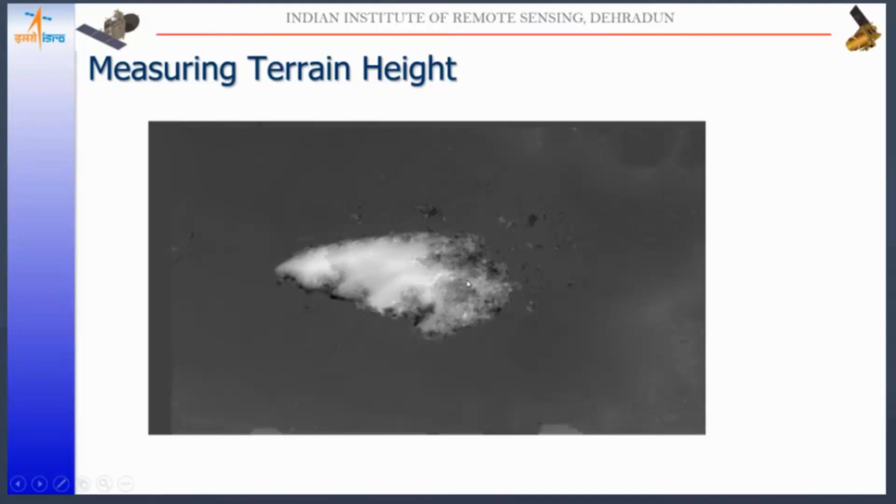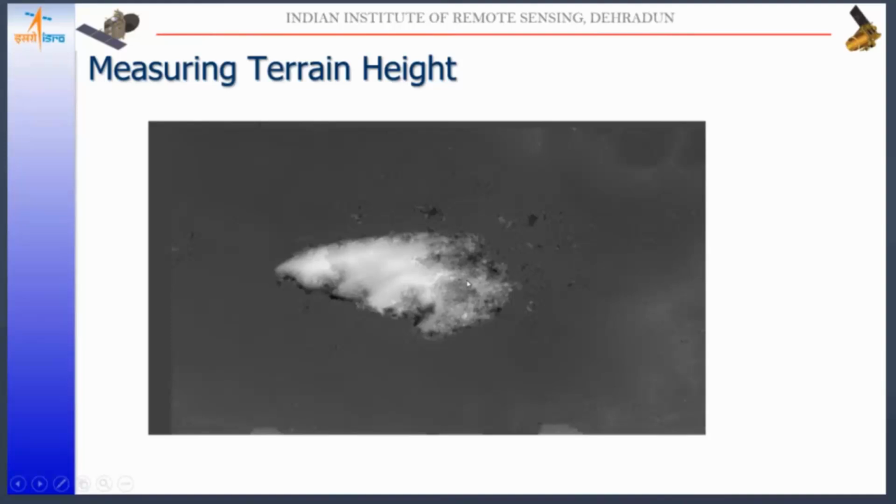Okay. So how to do it? In the last webinar I told you about the geocoding algorithms, the geocoded ellipsoid corrected and geocoded terrain corrected for the SAR image. So those two algorithms are used for the geocoding of the SAR image. The same algorithm is used for the geocoding of this DEM.